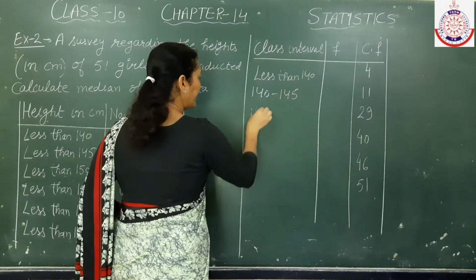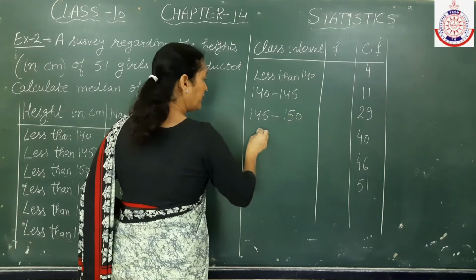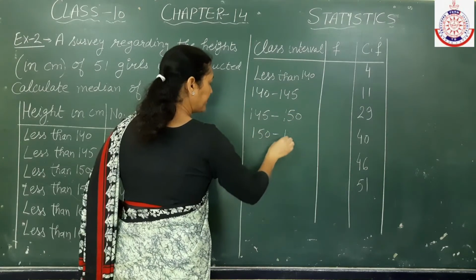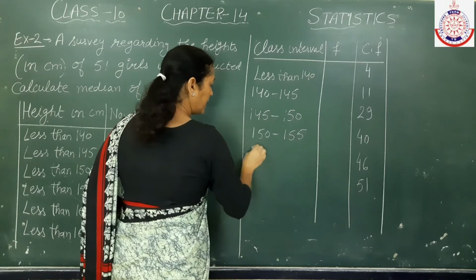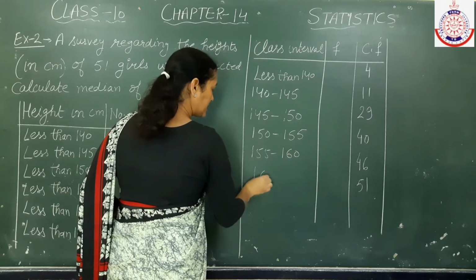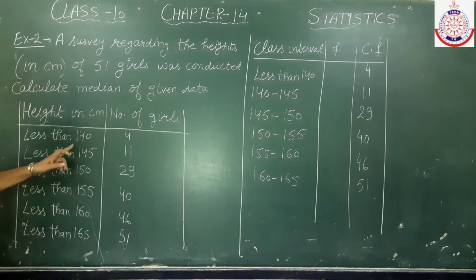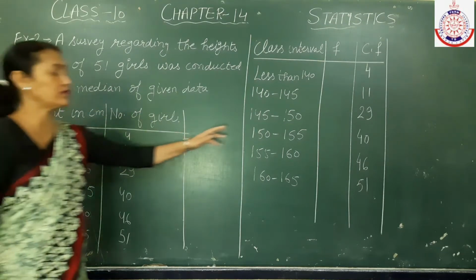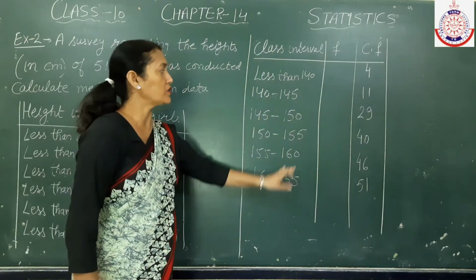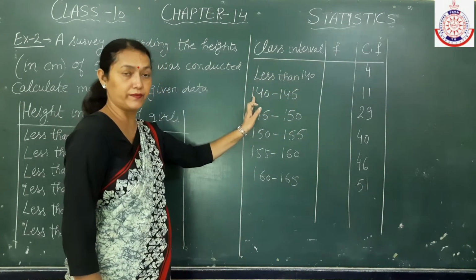Then 145 to 150, 150 to 155, 155 to 160, 160 to 165. So what was written here, 140, 145, 155, these are the upper limits. So they have come here. The upper limit of one class has become the lower limit of the next one.